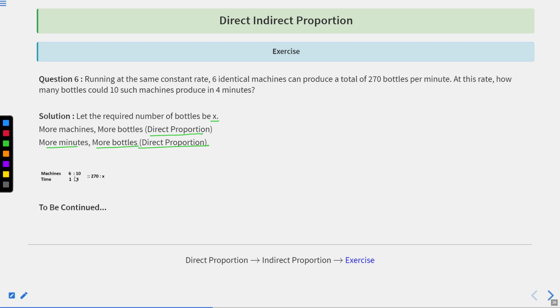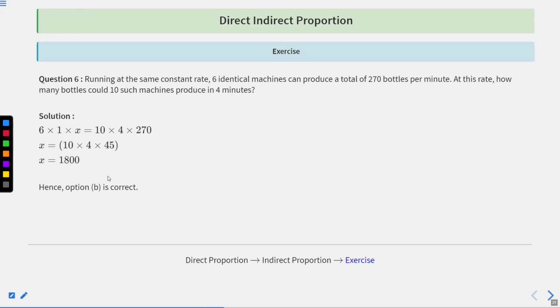So the machines are in ratio 6 is to 10 and time is in the ratio 1 is to 4 as 270 is to x. So we can write it as 6 times 1 into x equal to 10 times 4 into 270. And when you simplify this, you will get x equal to 1800. So the correct option here will be option B.